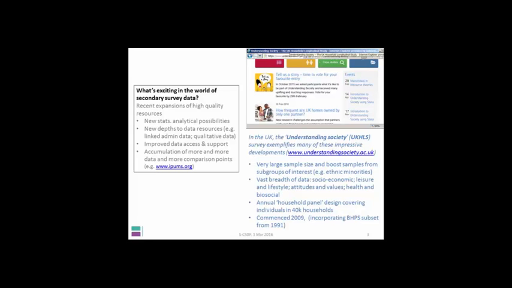Information across a very broad spectrum of aspects of its respondents' lives, so socioeconomic issues, employment and so forth, leisure, lifestyle, behaviour, attitudes and values, health, and biosocial features of people, things like their height and weight and other data about them.